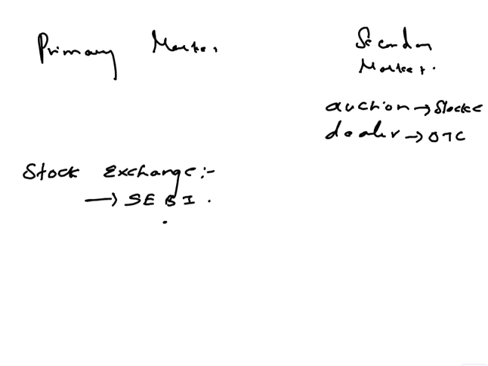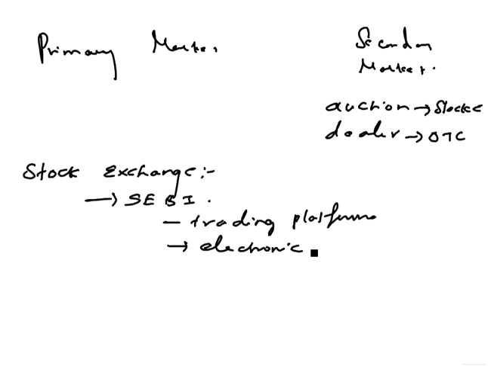It provides a trading platform where the buyers and the sellers meet to transact the security. Mostly this trading platform is electronic, and buyers and sellers trade through the computerized trading screens available to them, which are provided by the trading members of the stock exchange.